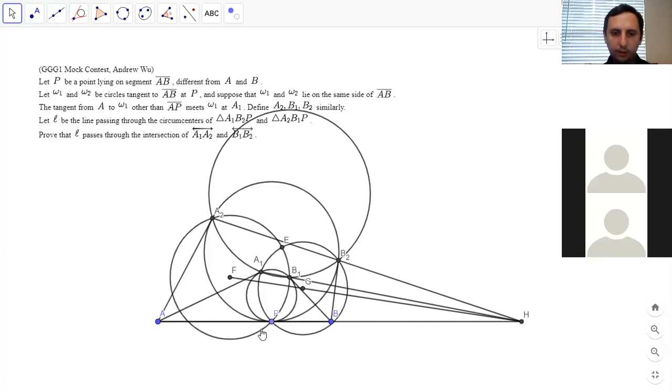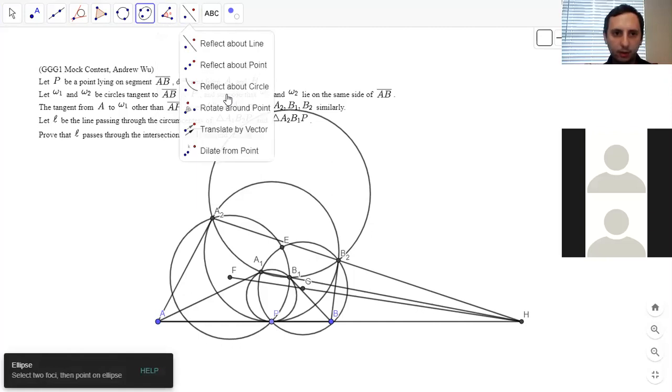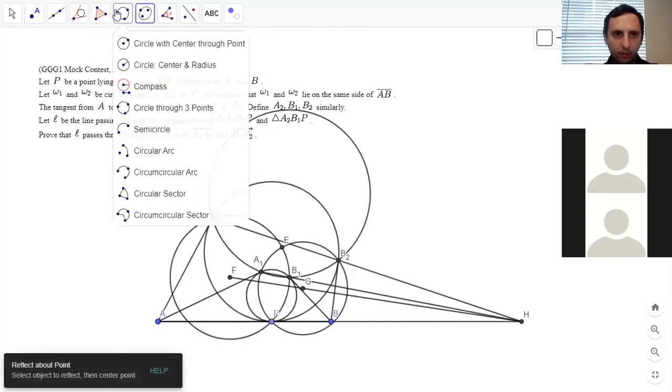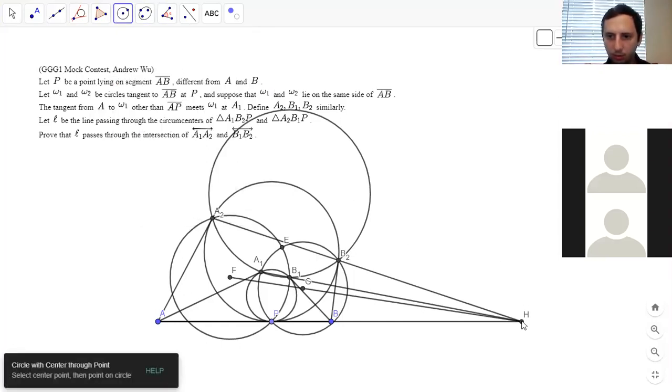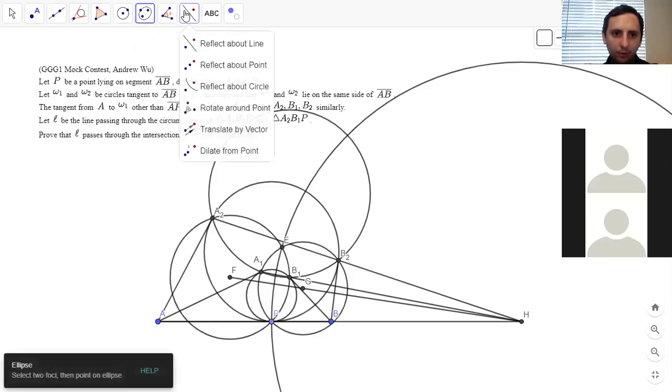With radius HP. So let me try, let me draw that. Oh, does HP equal HE? Or is that obvious? I'm not sure, but I'm going to try the inversion.